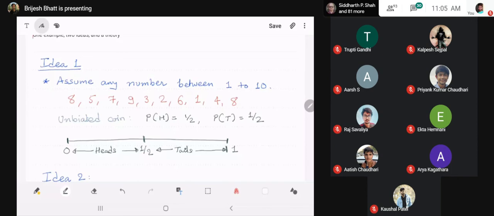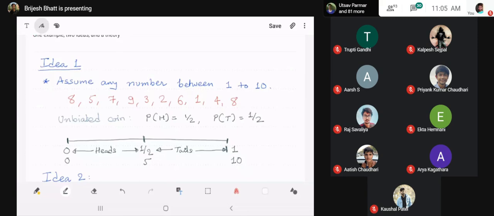We want to make it between 10, right? So let us call it 0, 5, and 10. Because I asked you for a number between 0 to 10. So 5 is half the distance of the stick. So I have cut the stick into two equal parts. 0 to 5 is the range of heads, and 5 to 10 is the range of tails.